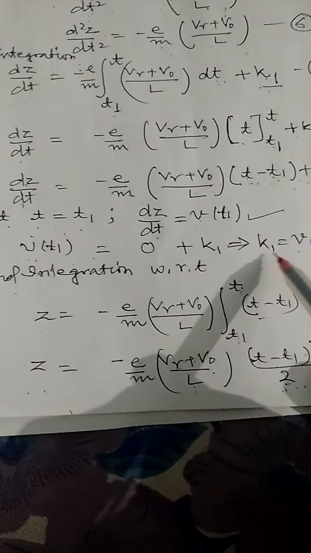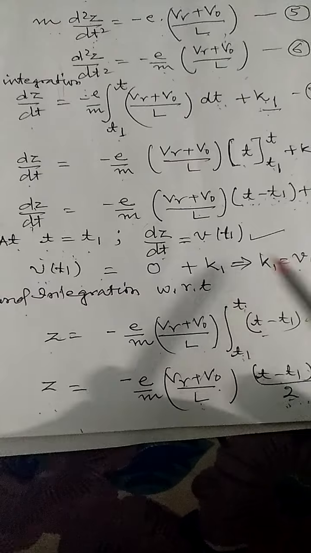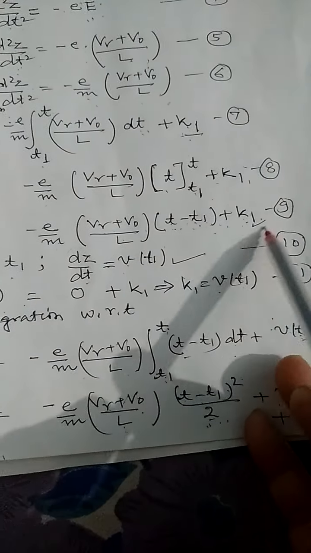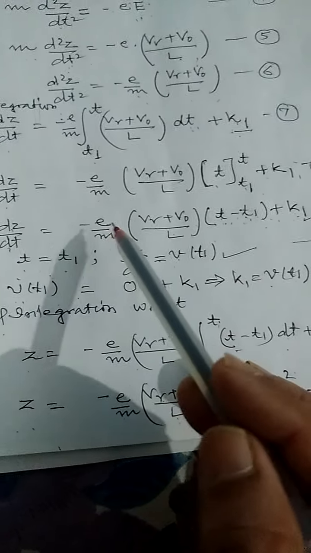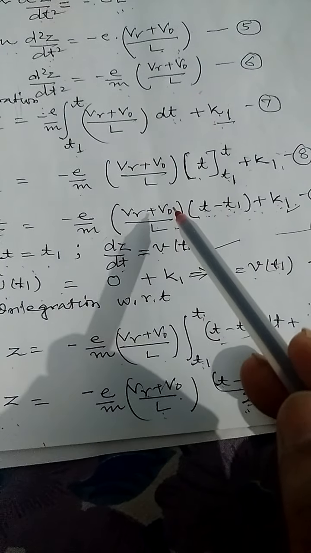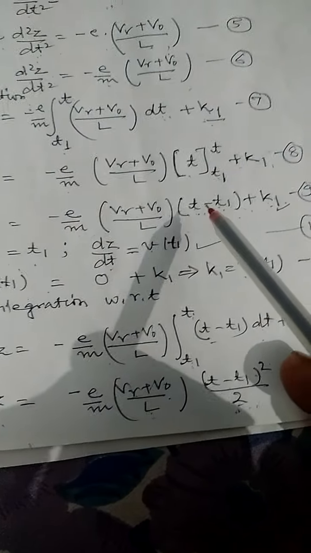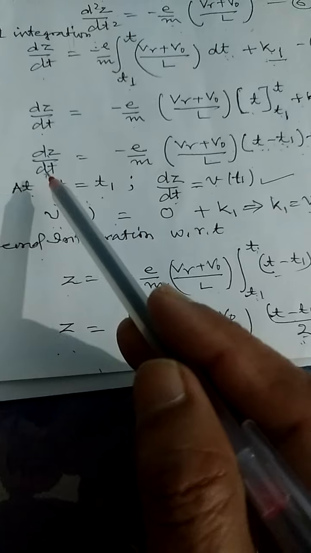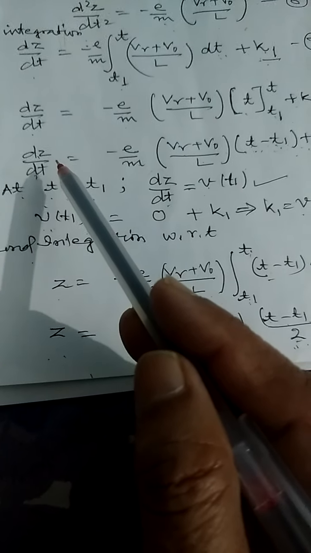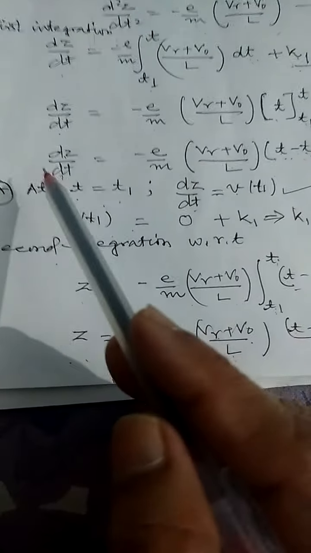So k1 is equal to v of t1. Again, in place of k1, we place this v of t1, and we get dz by dt is equal to minus e by m Vr plus V0 divided by L into t minus t1 plus v of t1. Again we integrate it with reference to time, so both the sides we are integrating.